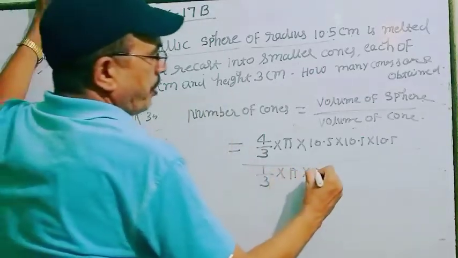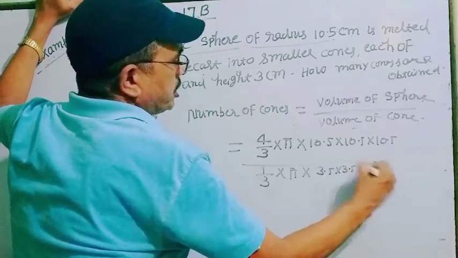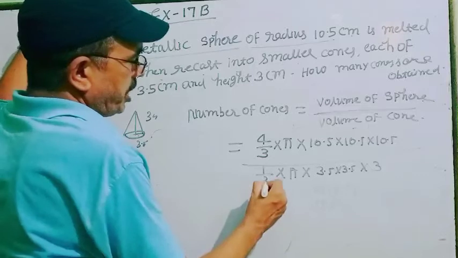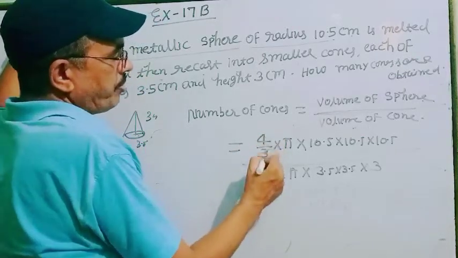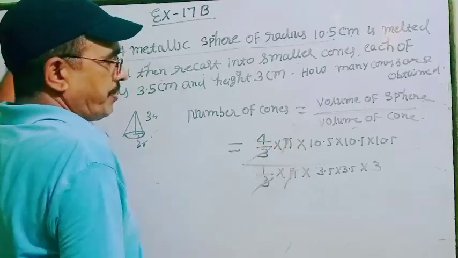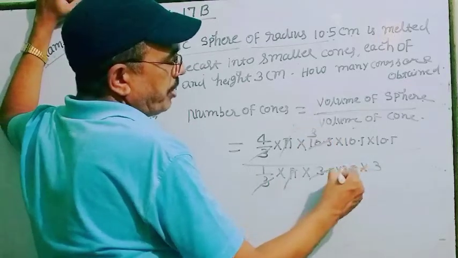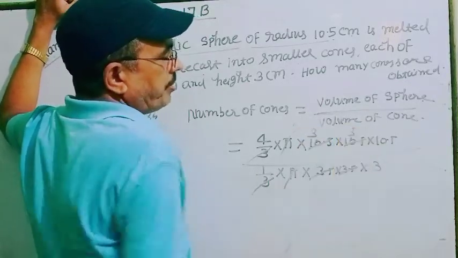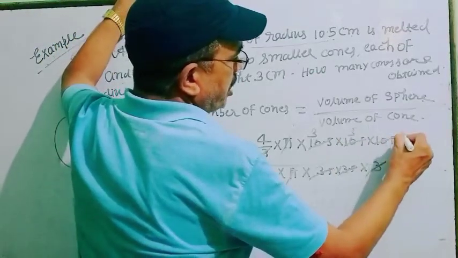That is 3.5, and here is 3. First it is 1 by 3 and here is also 1 by 3, cancel. 4 by 3 means that is 1 by 3, 1 by 3 cancel. Here pi cancels. 3.5 times 3 is 10.5. 3.5 times 3 is 10.5. And you divide, it is 3.5.